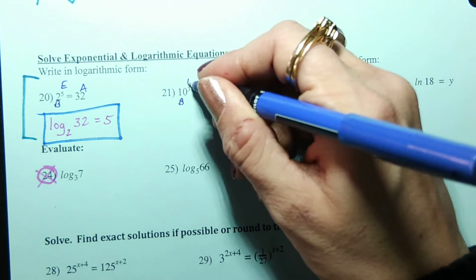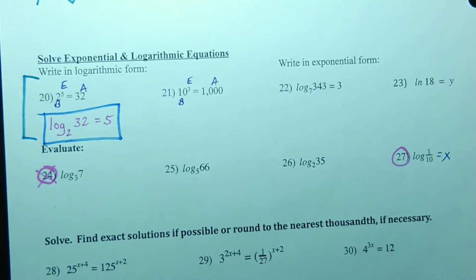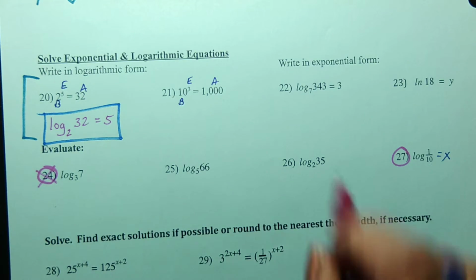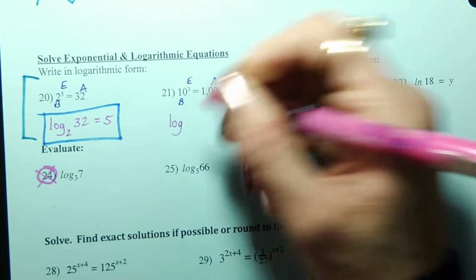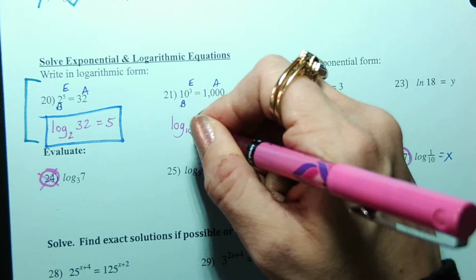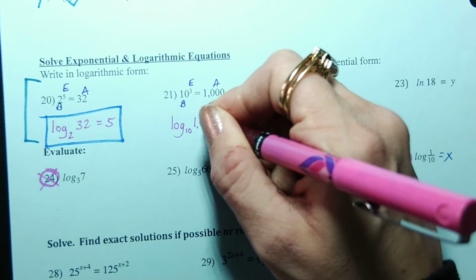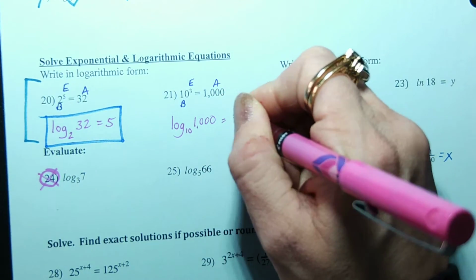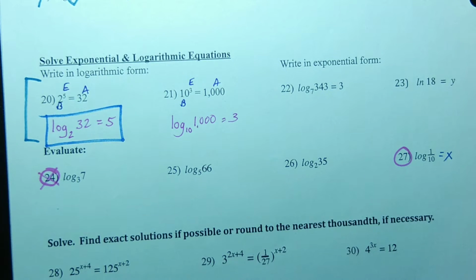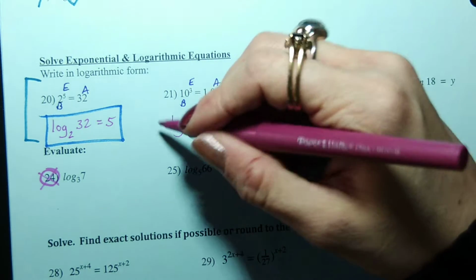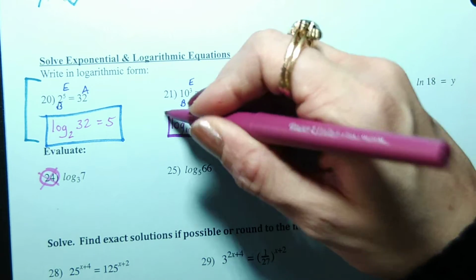Then for the next one, that's my base, that's my exponent, that's my answer. How do I know that that's an exponential form? Because it's got an exponent. Easy peasy. So then to write it in logarithmic form, log, and then the elephant. Big, base 10. Animal, 1,000. Ears, 3. Now, when we write it in log form, we do want to write it in the easiest way possible.